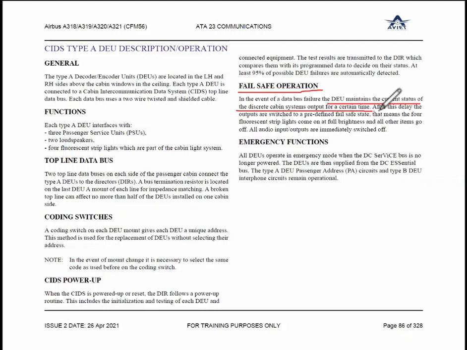Someone has called, some lights are on. That status will be maintained for some time, and then it will go to the fail-safe mode. And what is the fail-safe mode? All the services will be switched off and the lights will go to 100%. All the 4 lights will go to 100%. Other services will be switched off. Clear?